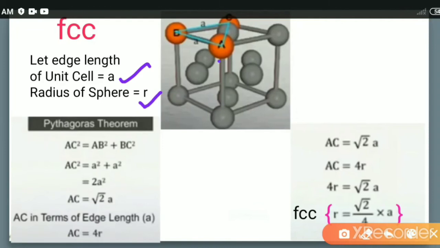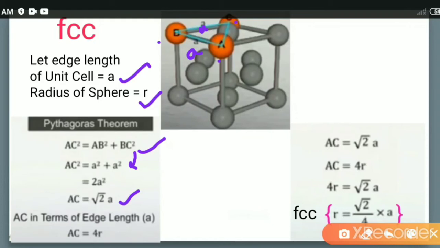Applying the Pythagoras theorem, AC square is equal to AB square plus BC square. Here AB and BC are the edge length A. So AC square is equal to A square plus A square. From this, AC is equal to root 2 A.